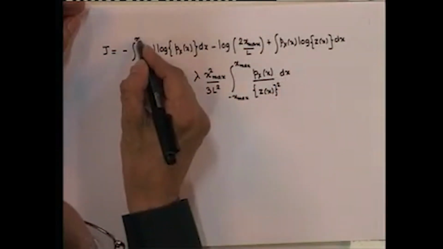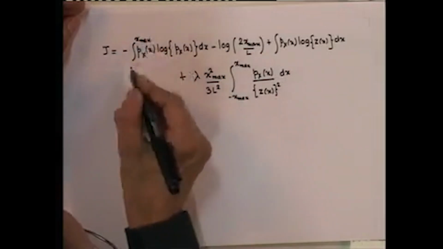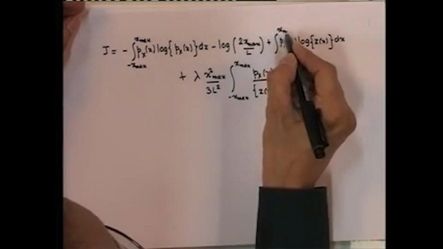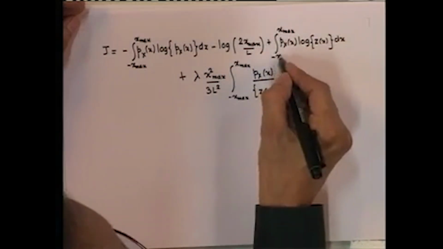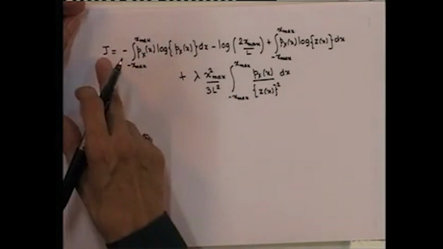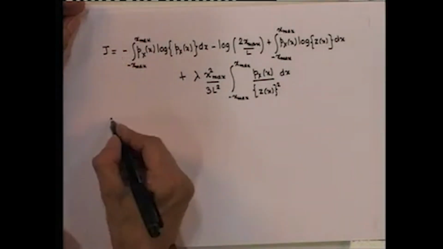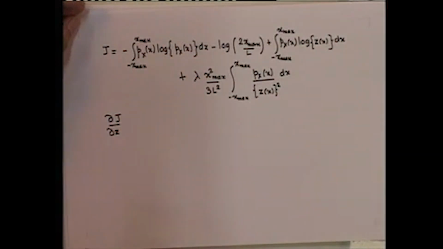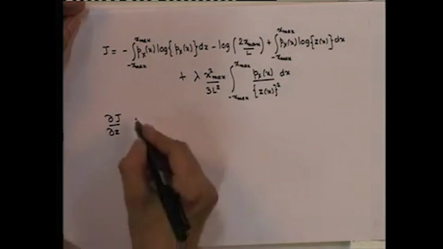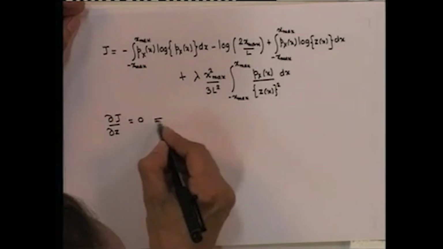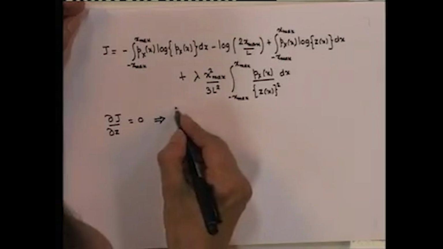All these integrals are over minus x max to plus x max. Now, to minimize j, we can differentiate j with respect to z and equate the result to 0, and this will give us the following expression.